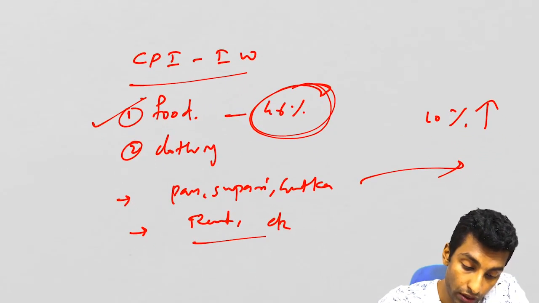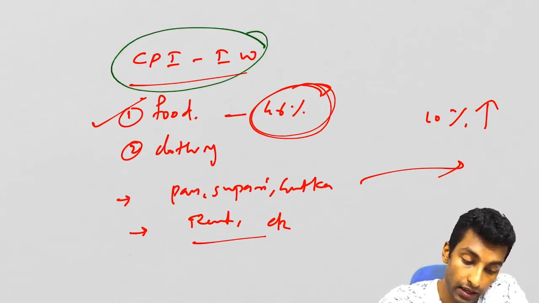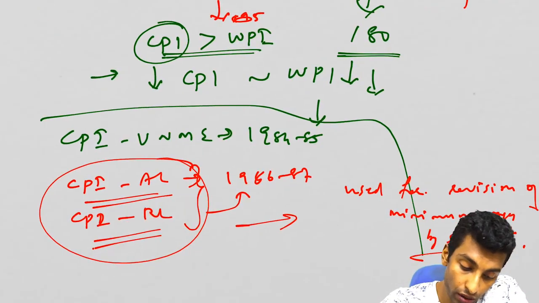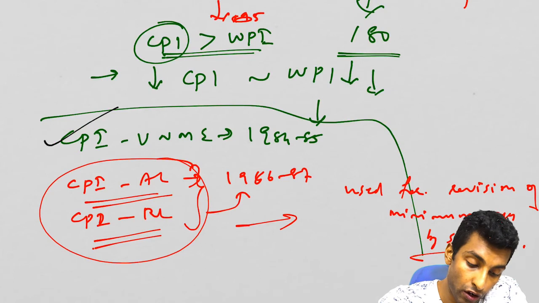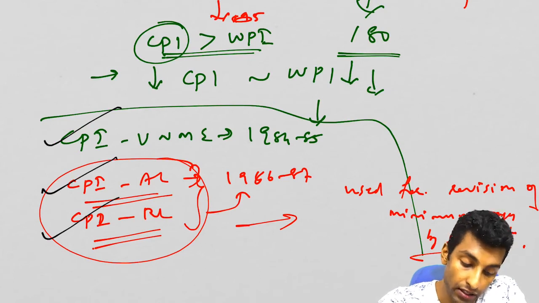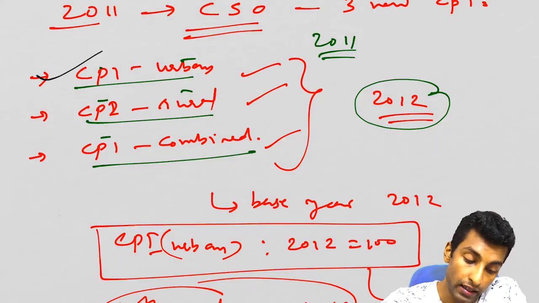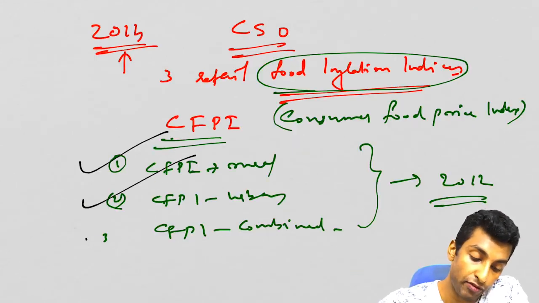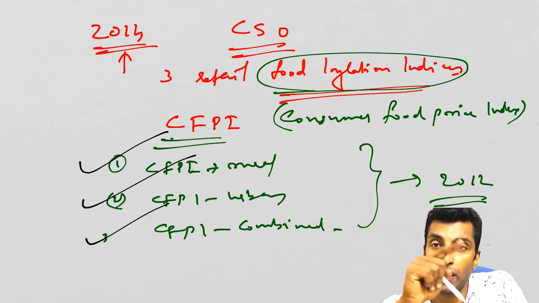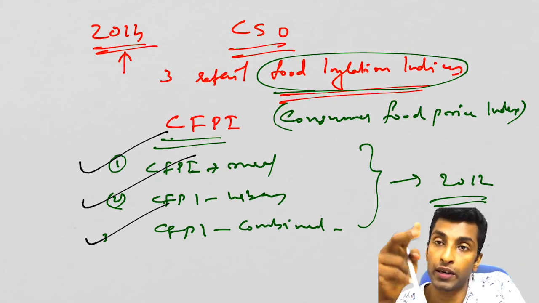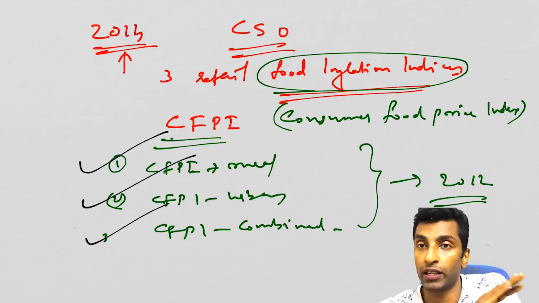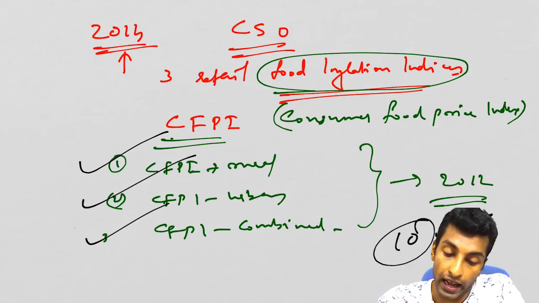We can start with the CPI for industrial workers. Then we have discussed CPI urban non-manual employee, CPI agricultural labor, CPI rural labor, then CPI urban, CPI rural, CPI combined, then CFPI rural, CFPI urban, CFPI combined, and apart from that the first 4. So total how many? 10. So total 10 CPIs are there currently.